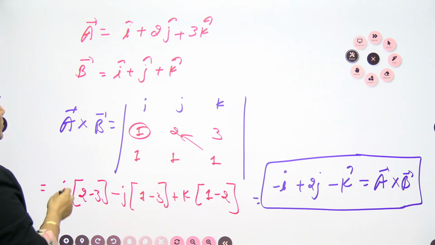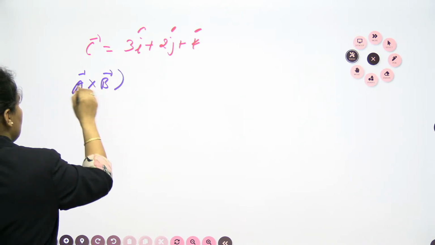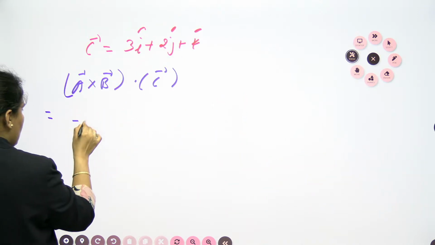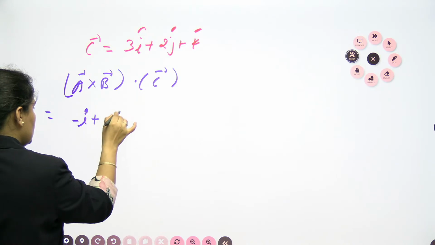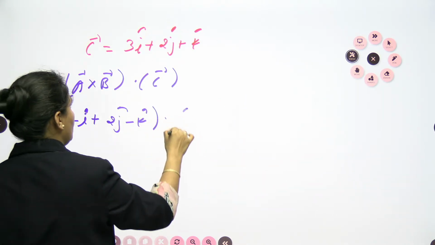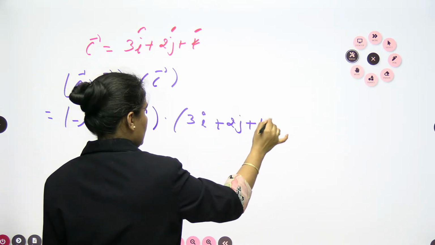We need to go for A vector cross B vector dot C vector. The result for A cross B is minus i cap plus 2j cap minus k cap, dot product with 3i cap plus 2j cap plus k cap.